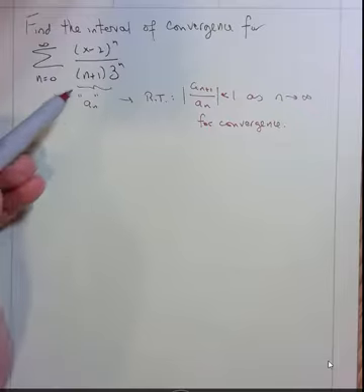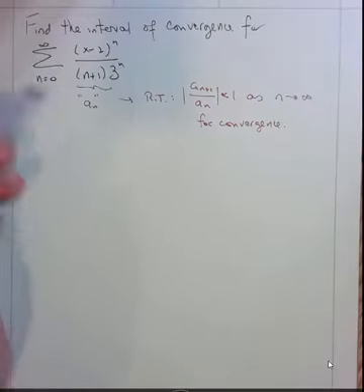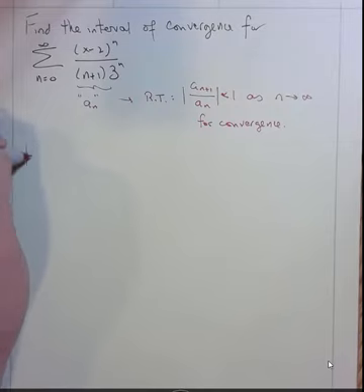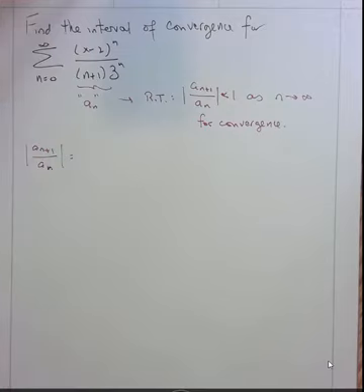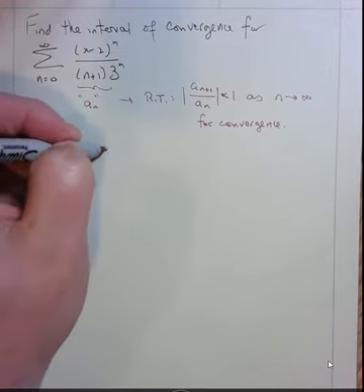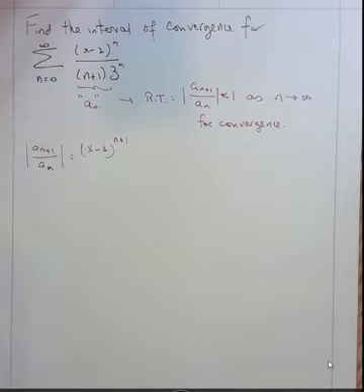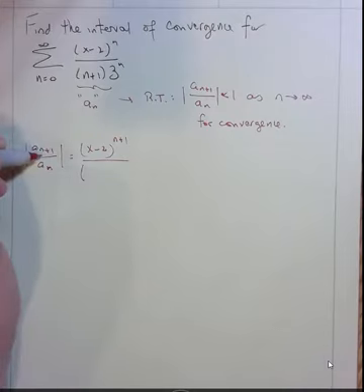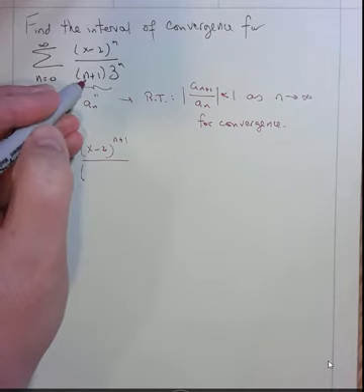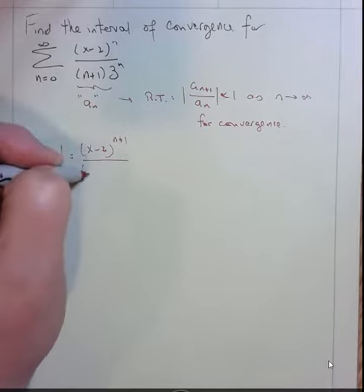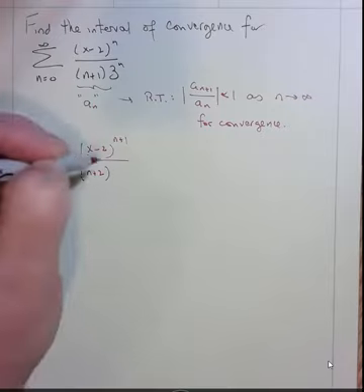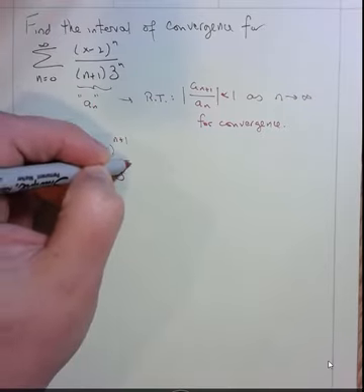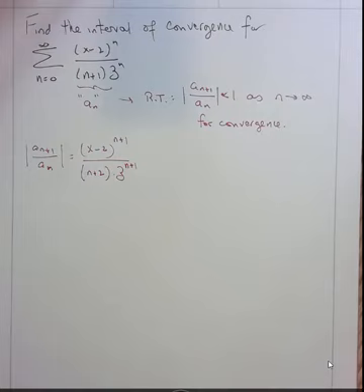So if a sub n is the general term, then a sub n plus 1 over a sub n can be written like this. I'm just going to build a sub n plus 1 first: x minus 2 to the n plus 1, divided by, well, what normally would be n is now going to become n plus 1, and since there's n, which is now n plus 1, plus another 1, that term will become n plus 2, and then when n is replaced by n plus 1, we get this.